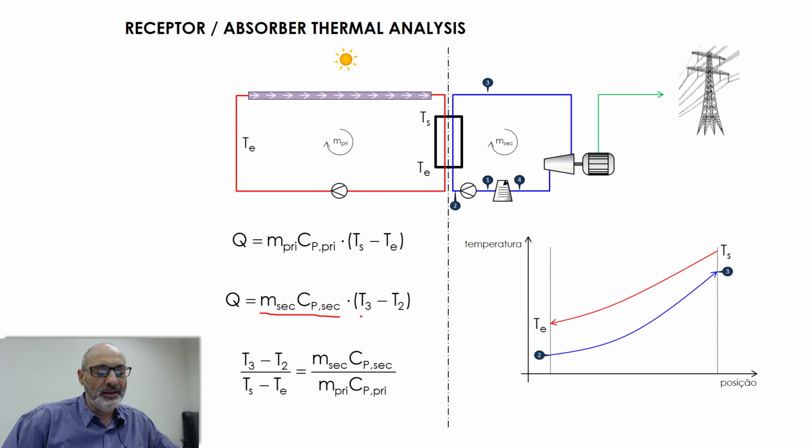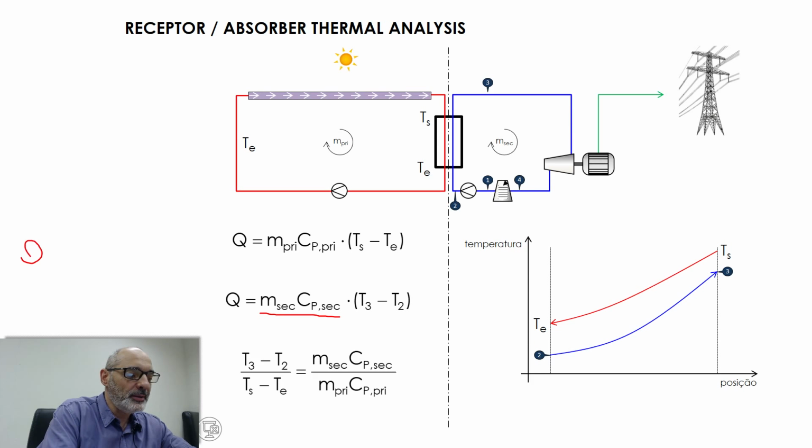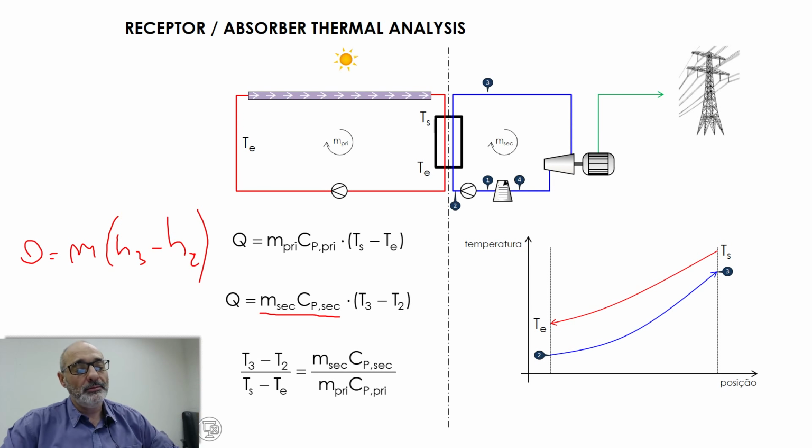Of course, if we choose to work with water, I cannot express the enthalpies as Cp times T unless I use the proper Cp depending on the temperature. So if I'm working with water, I should have written something like this: Q equals M times (H3 minus H2).